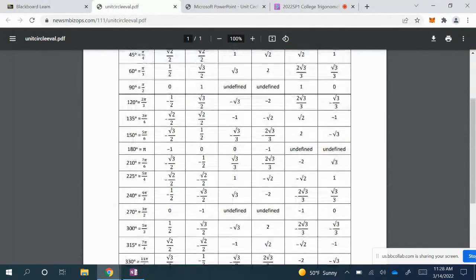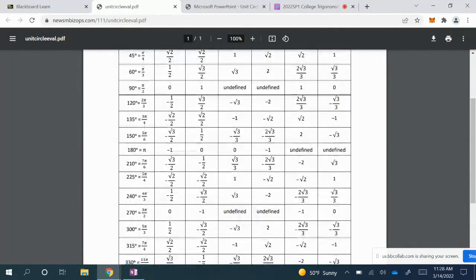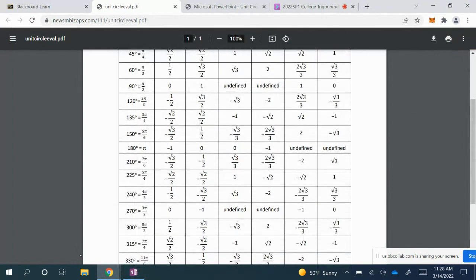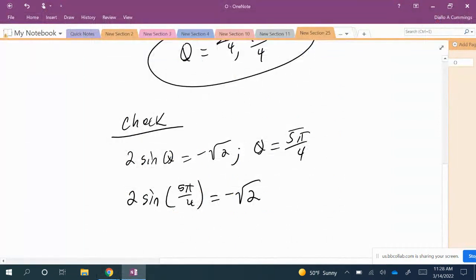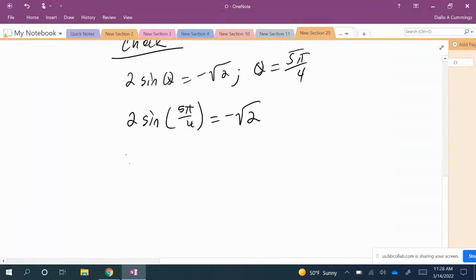Right, so if we go back to our function values chart, the sine of 5 pi over 4 is negative square root of 2 over 2, right? So we're going to substitute that in for the sine of 5 pi over 4. So that's 2 times negative square root of 2 over 2.